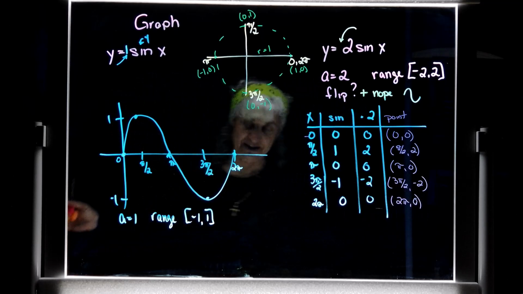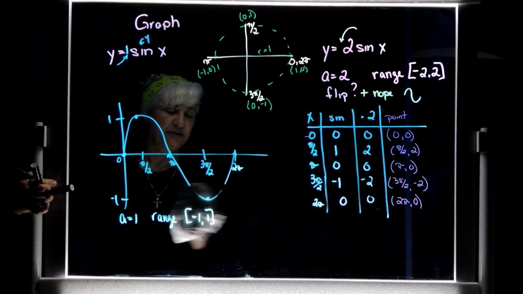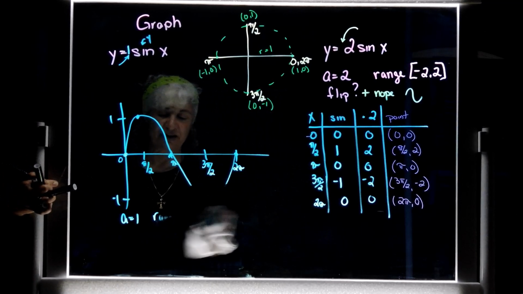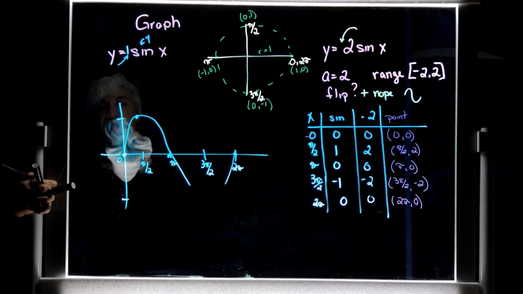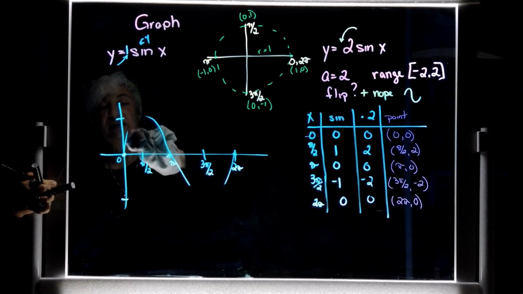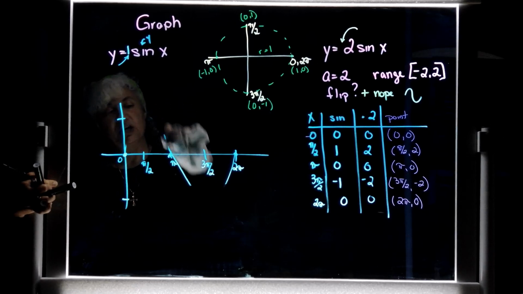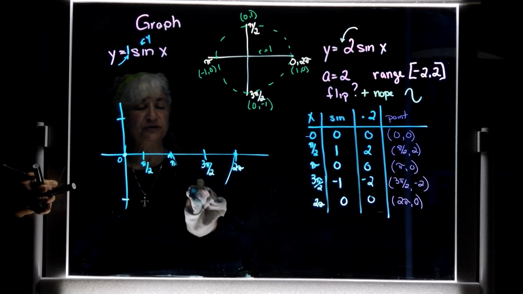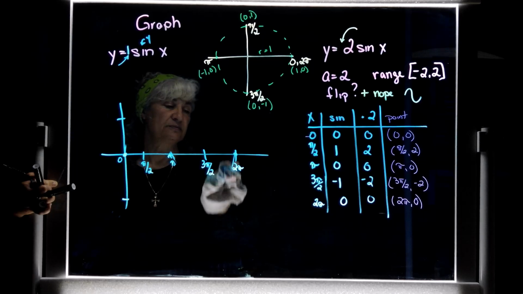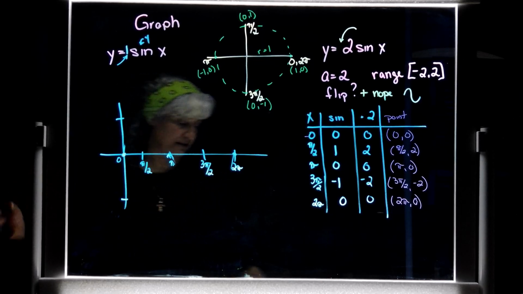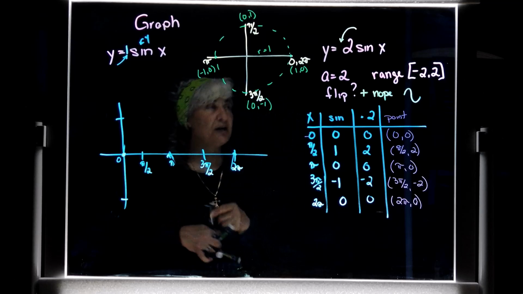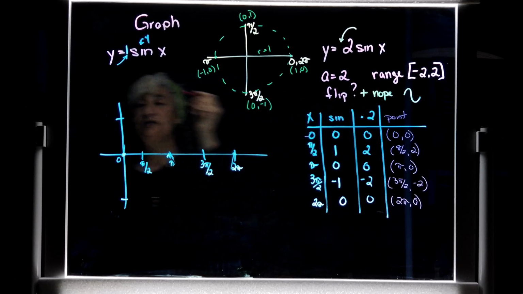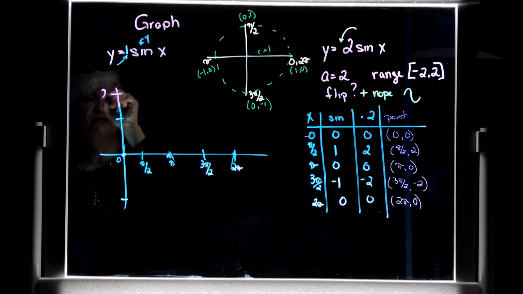All right, guys, let me erase the graph very quickly, and let's see what the graph of this sine function looks like. So the angles are already here. The typical angles we're plugging in, 4 quadrants, except now the range goes from negative 2 to positive 2.